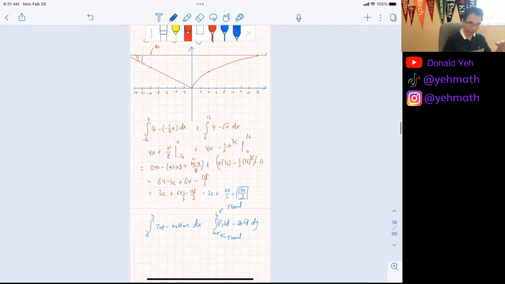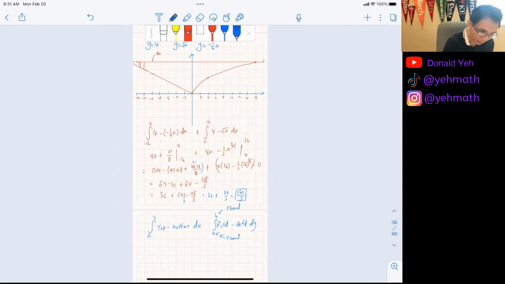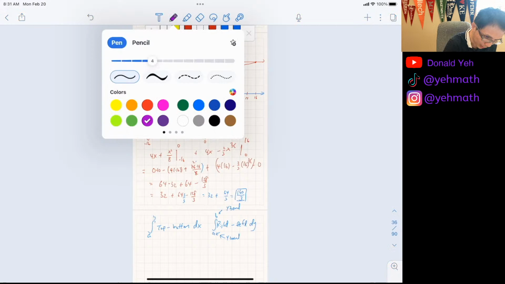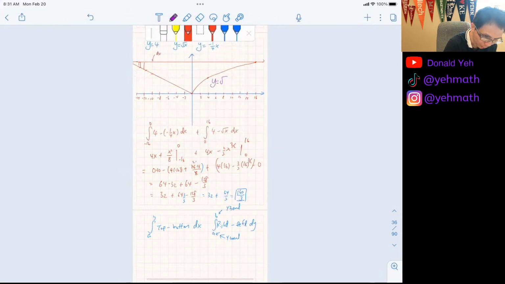So let's go back and revisit this question. We say this one is y equal to square root x. Can I change that function to x equal to something? What does that change to? x equal to y squared. Good. So I'm going to change this to x equal to y squared.